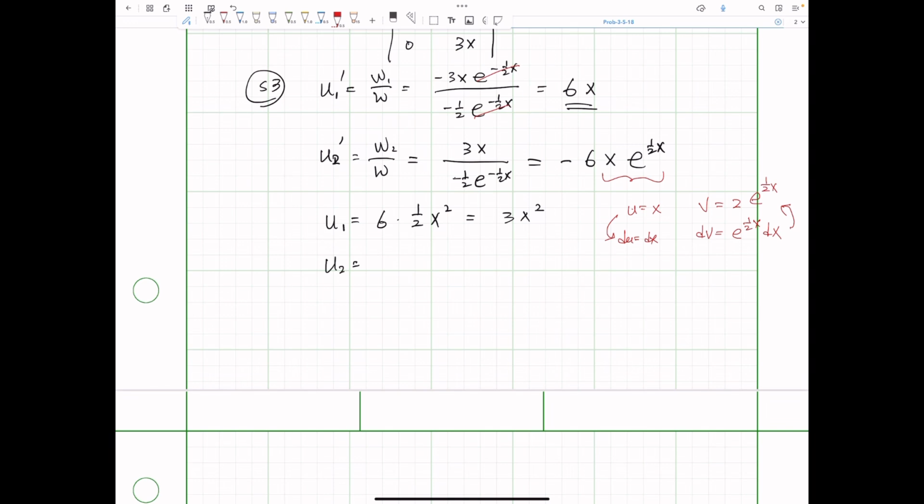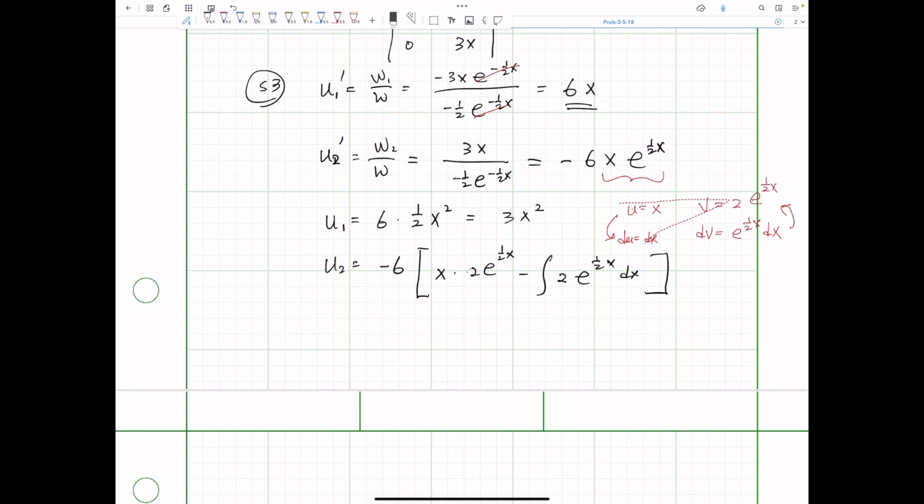And then we need to multiply this way. U2 is going to be, we have a negative 6, don't forget that, and then x times 2 e to the 1 over 2x, that's uv.